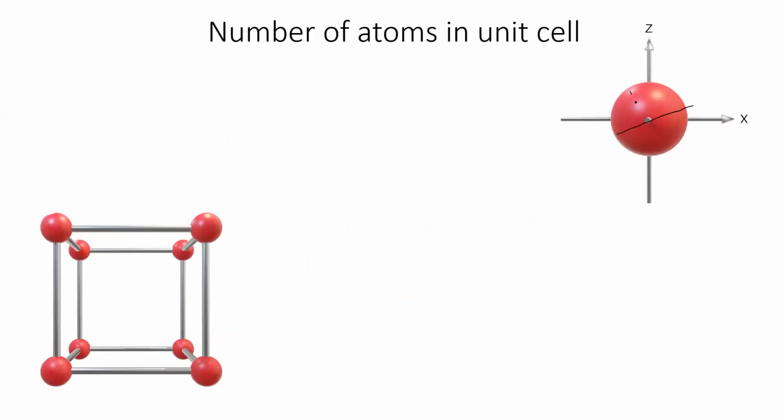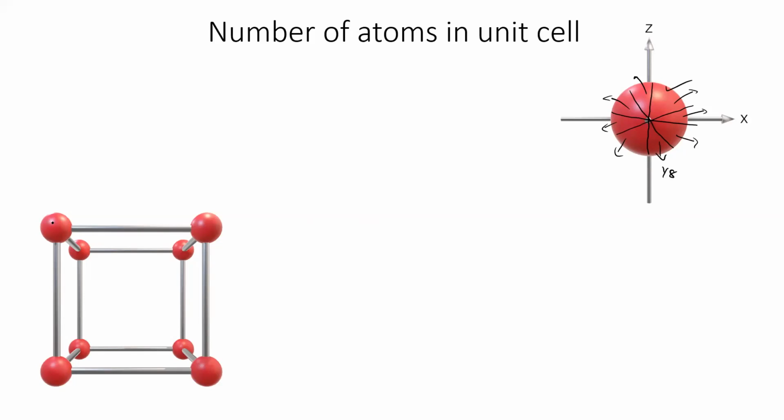The atom is shared with 8 different unit cells, and this is for 1 unit cell, this is for 1, and so on. So for a particular unit cell, its contribution is 1/8 only. Each is 1/8. So the entire 1 sphere is shared with 8 different unit cells.